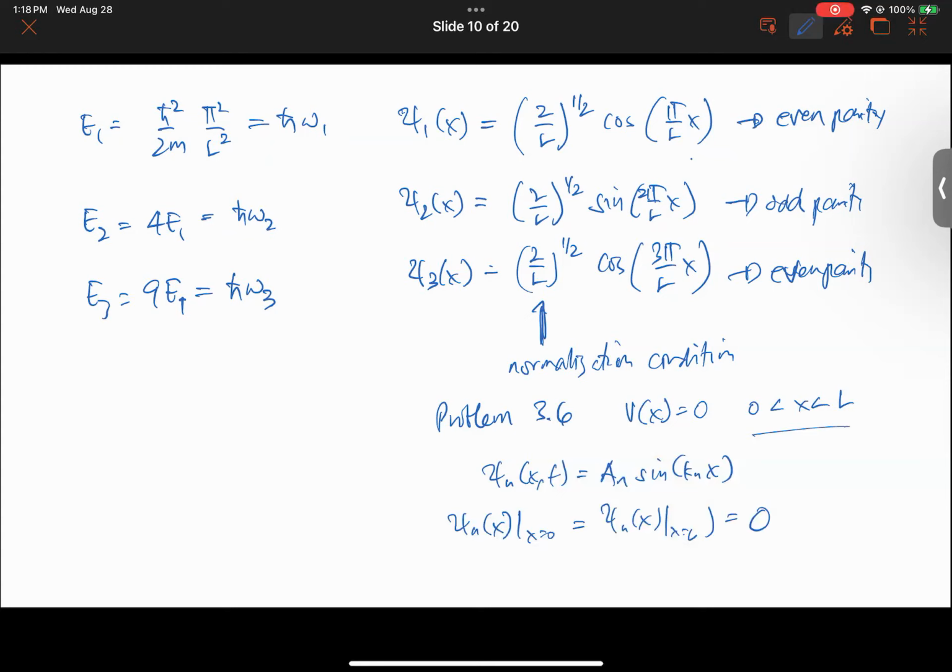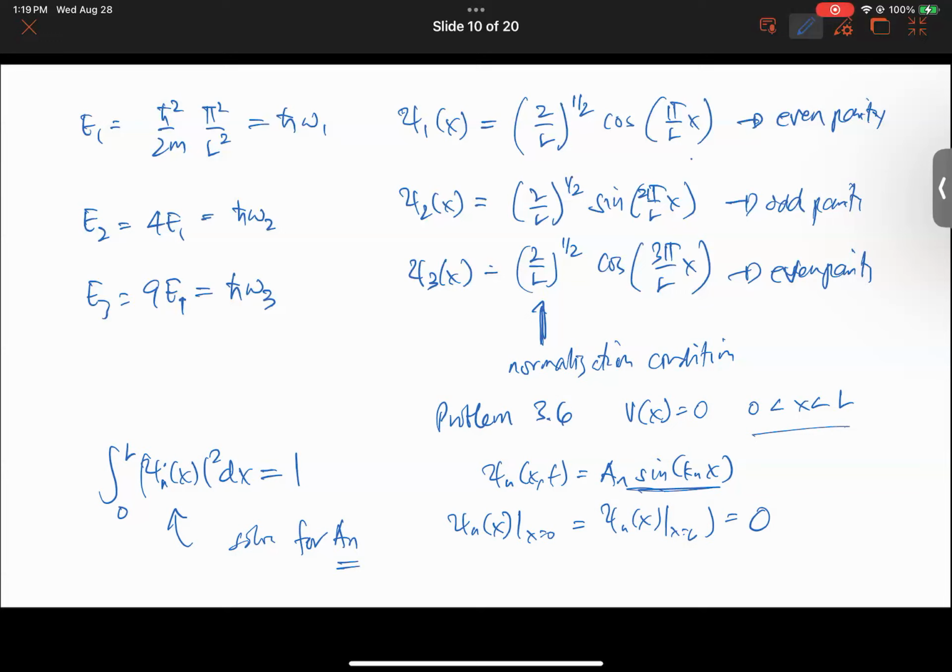And then you apply yung normalization condition. So integral from 0 to L ng psi of n x squared dx. Dapat yan ay equal sa 1. Ipasok nyo lang dito and then solve for a sub n. So it's a good exercise for you to practice on.